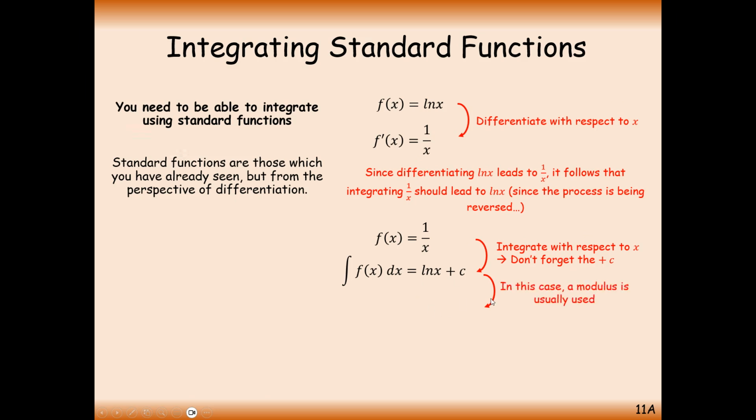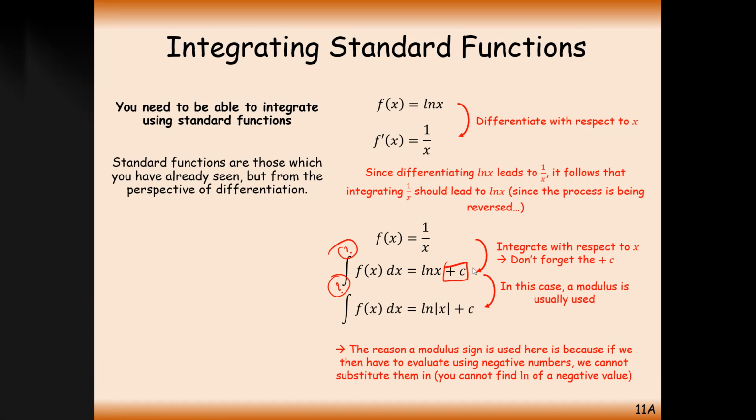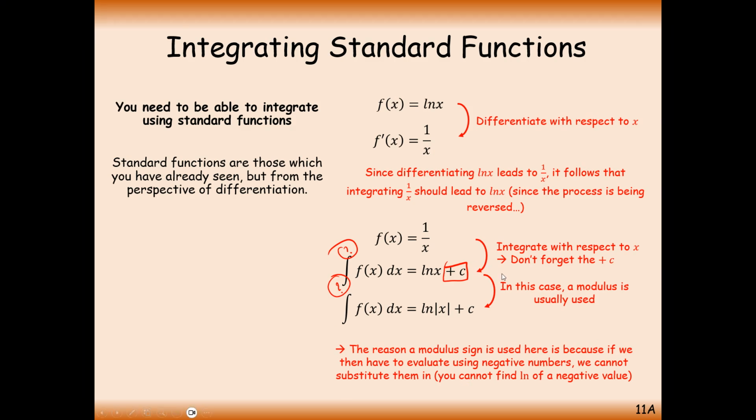Because this is an indefinite integral. How do I know it's indefinite? Because we haven't been told about any values of the region over which we are integrating. So because nothing is given to us, we need to put this plus c at the end of the integral. We make sure the values for logarithm are positive by taking their absolute value there.